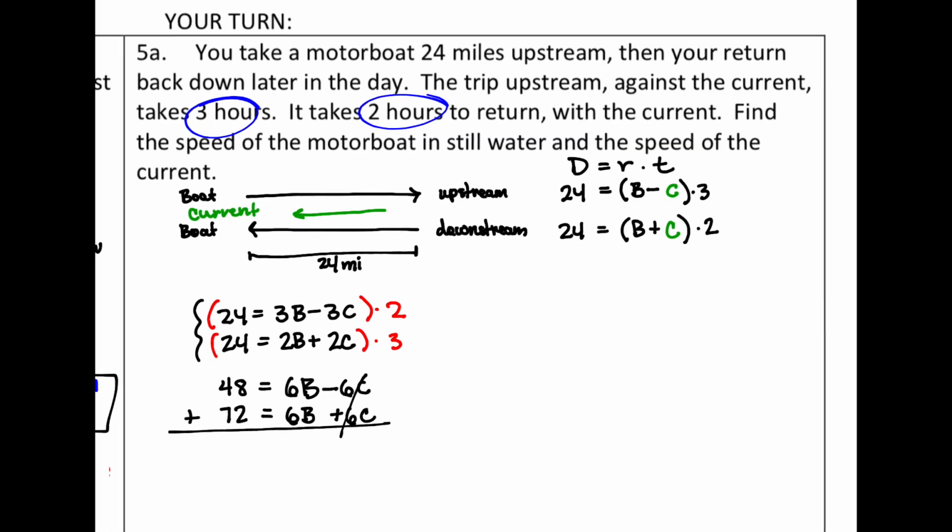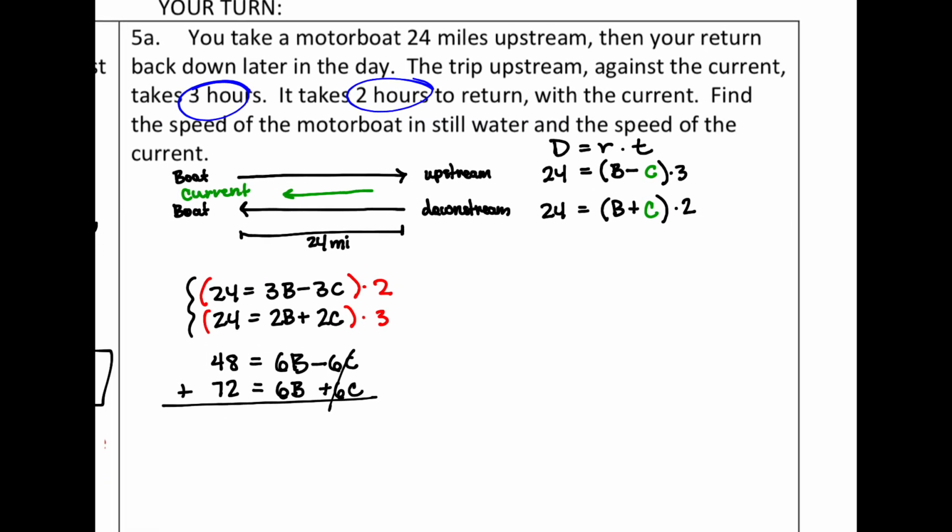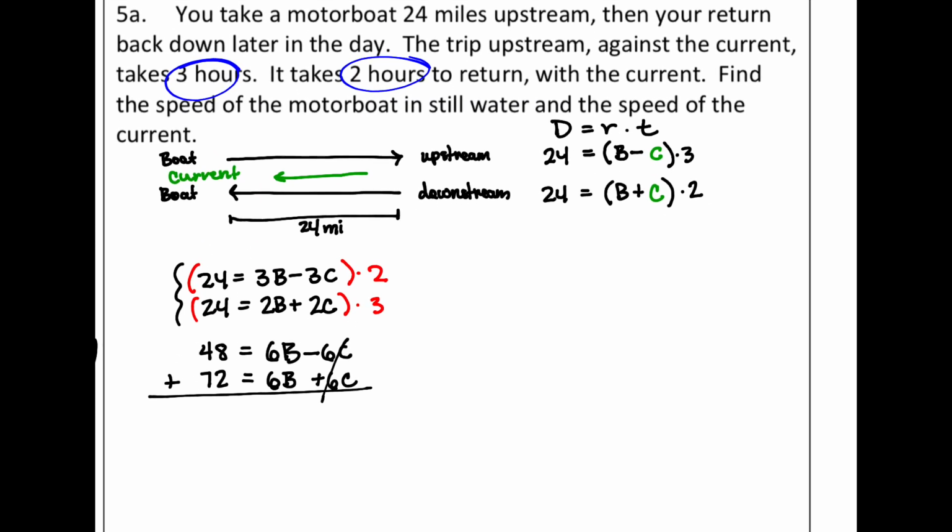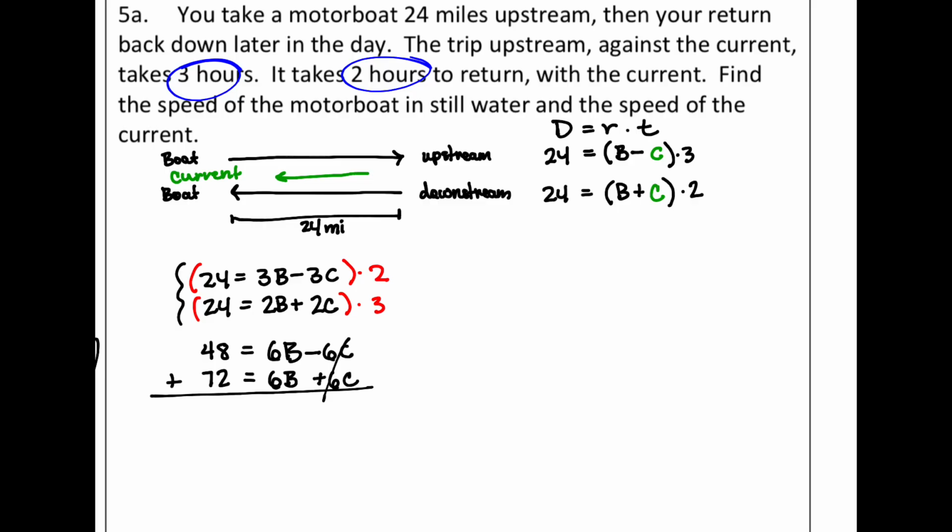Okay, let's give us a little bit more space. Actually, we don't need to see the your turn. We're fine. Okay, so we end up with 120 is equal to 12B. Divide by 12. So B is equal to 10.